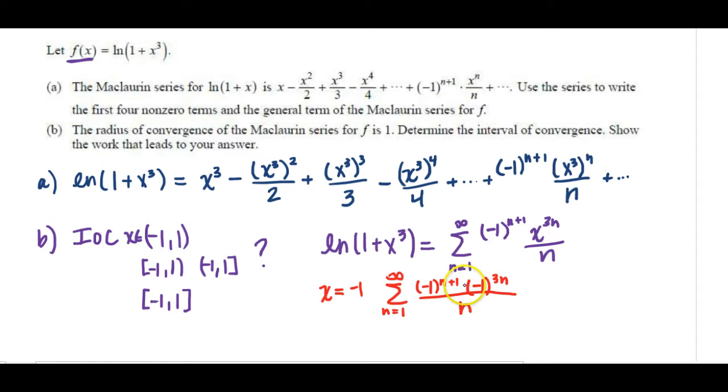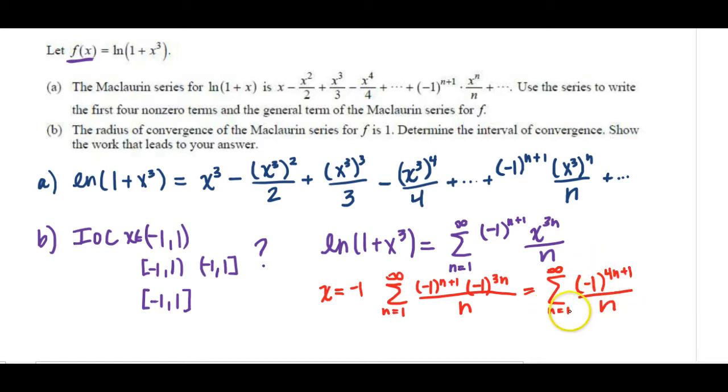So let's try to think about this numerator here. (-1)^(n+1) times (-1)^(3n). Well, if I have the same base, I would add the exponents. So this is really the series from n equals 1 to infinity of (-1)^(4n+1) over n.